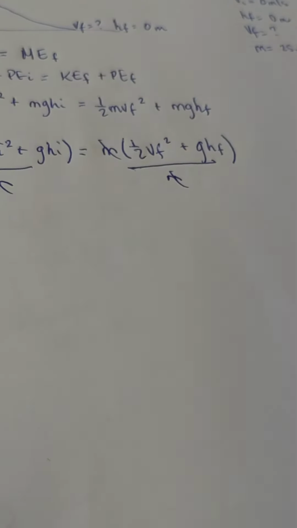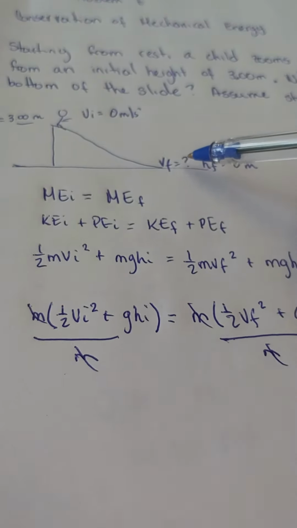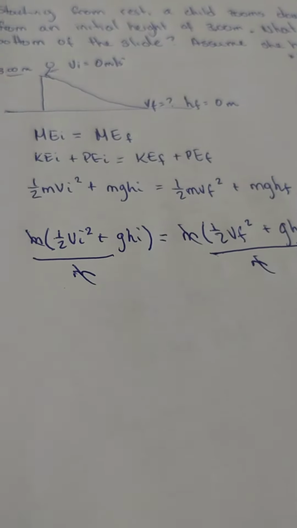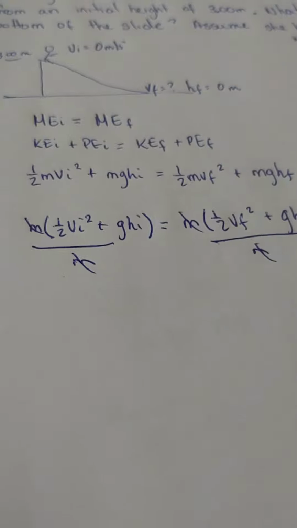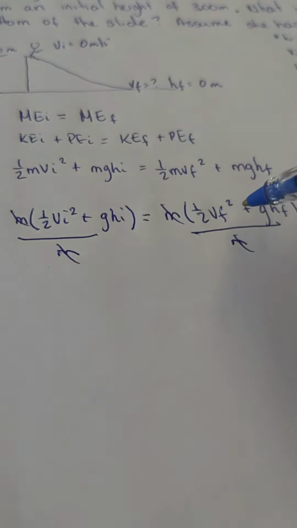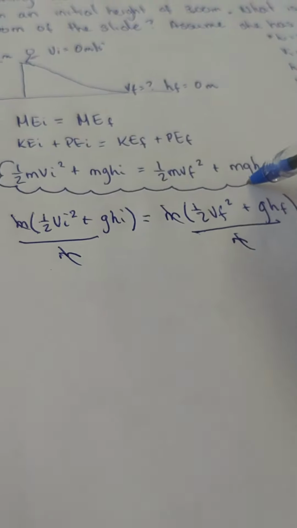The answer will be exactly the same for final velocity. This is why mass is not necessarily important in this problem. We don't need to know the mass. So going back to the original formula.